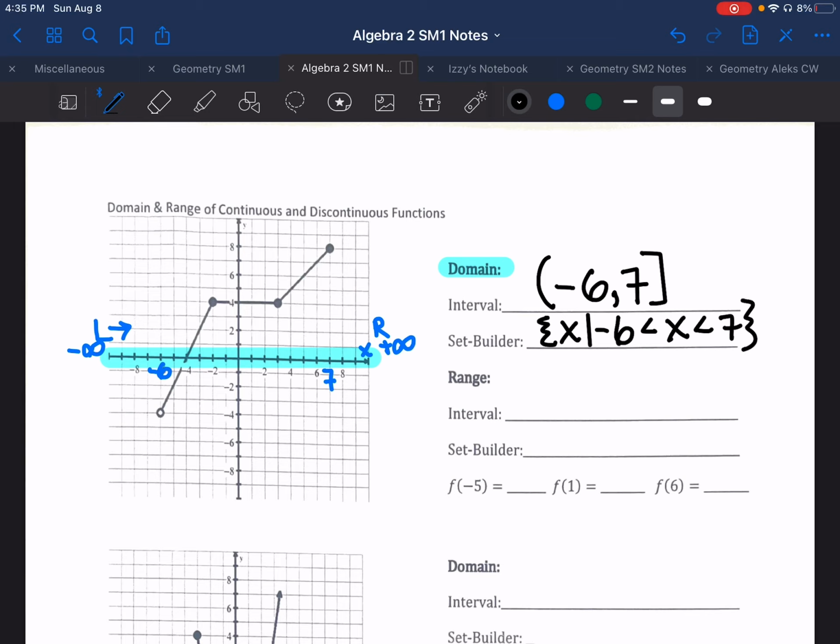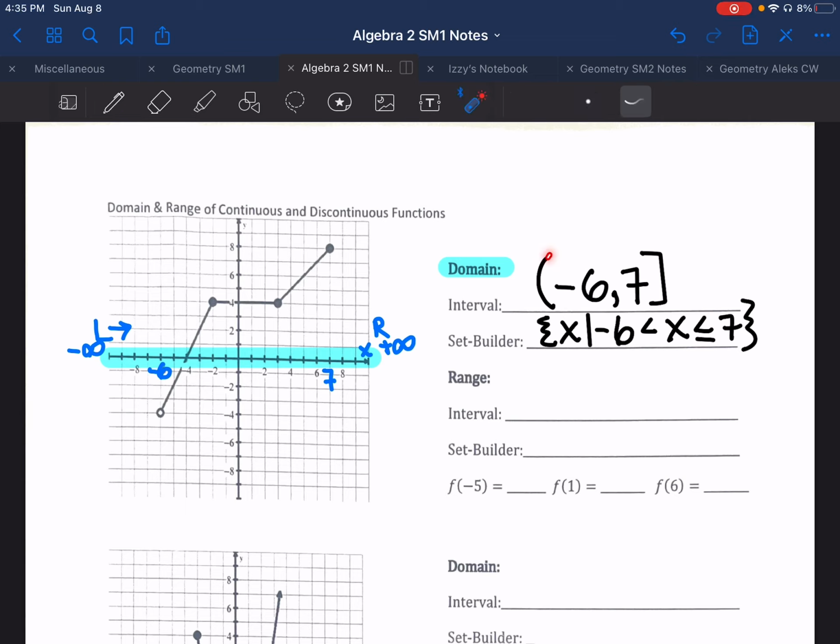And you do have to go back and look at the 6 and the 7. You can look right here. It's open, so you're not going to put a bar on this less than. And then here at 7, it's closed, so you do need to add the bar to the 7. So that's one way you can decide.